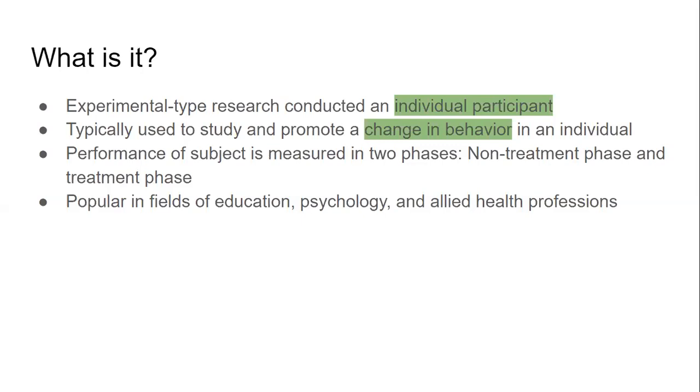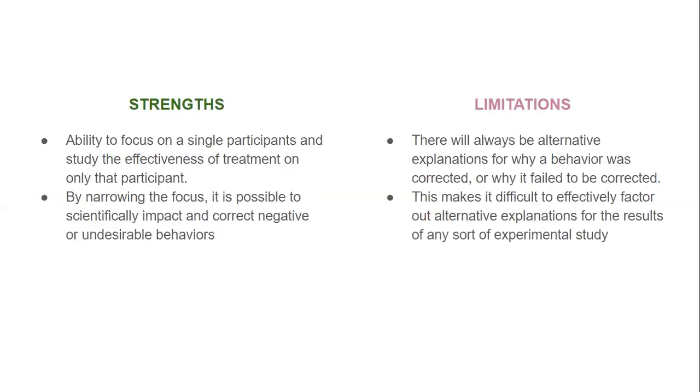This type of research is popular in the fields of education, psychology, and allied health professions, like an SLP. There are strengths and limitations to this type of research. A big strength is that it's really good for clinical and educational settings, especially when you're trying to do intervention on one particular individual.